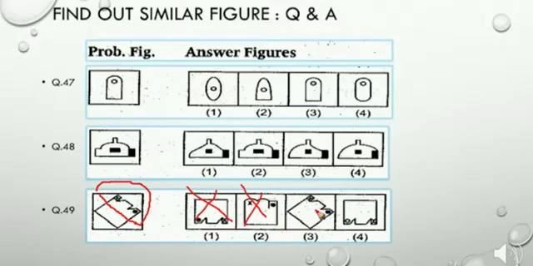In the next option, yes, this looks like the same, and if you closely look at this portion, it is also the same. Option 4 is also not the correct one because this orientation or the angle of the shape itself is different compared to the problem figure. So the answer for question number 49 is 3.